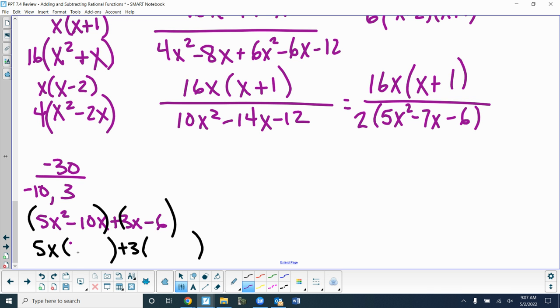And what's this? X minus 2 for both. Is there going to be an x minus 2 in the top that I can cancel? No. Is there a 5x plus 3 in the top that I can cancel? No. What can I cancel?